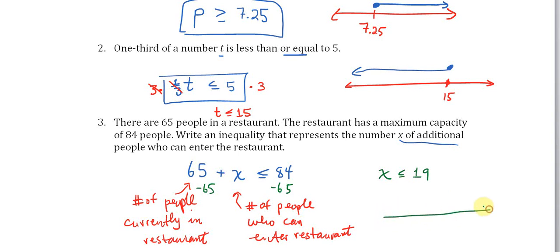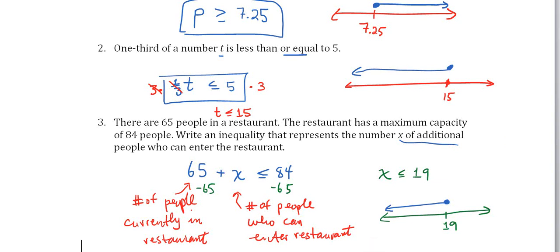So to show you a graph of this here, here's the number line, here's the number 19, and then I'll just change colors real quick. The number of people who can actually enter the restaurant is this blue arrow right here. It is any number that is less than 19. Okay.